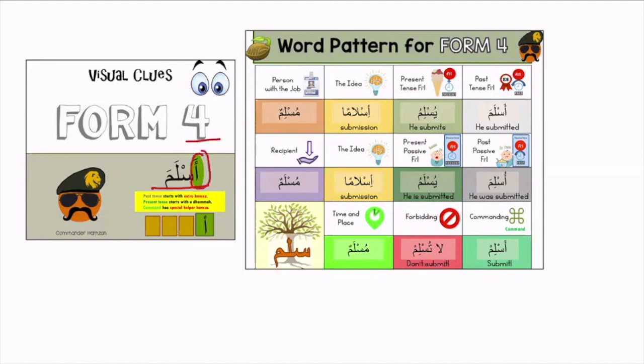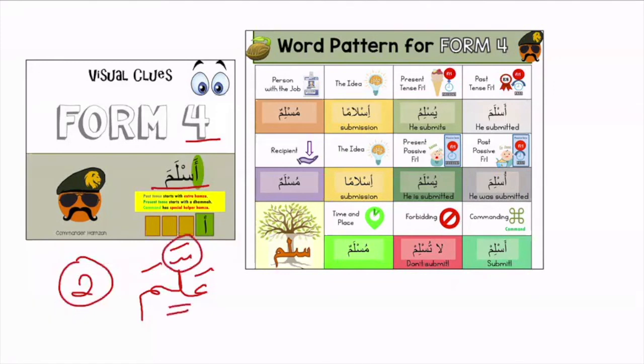If I ask you what is the marker for family 2, we should all remember that it has a shadda on the middle root letter, right? The template we memorize is allama. This is the template for family 2, and in the middle root letter we see shadda.